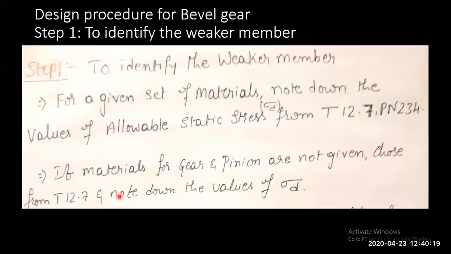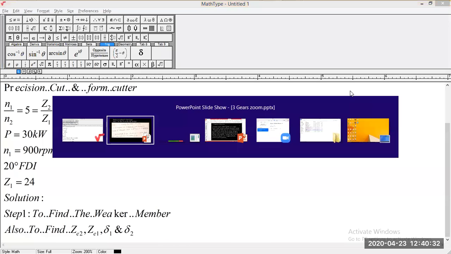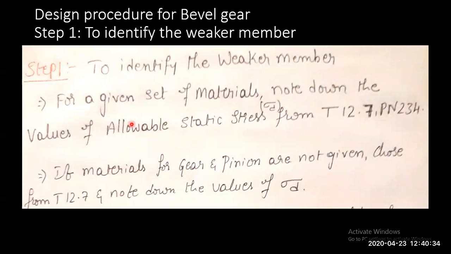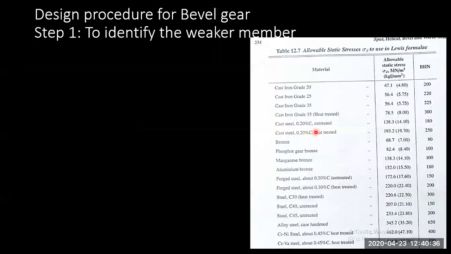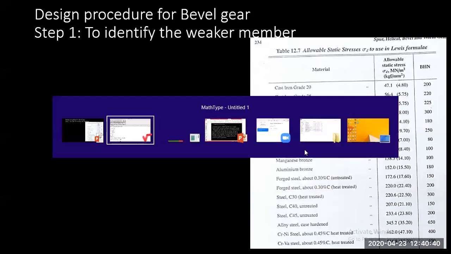Okay, step 1. So from table 12.7, we need to take out the material. So material is given. Let's take the material.